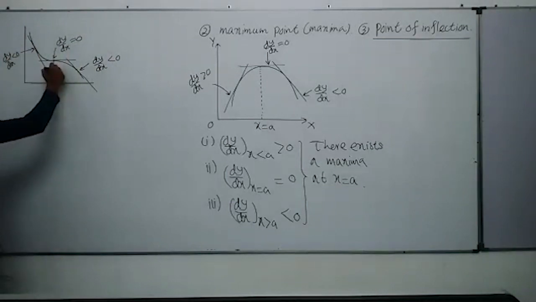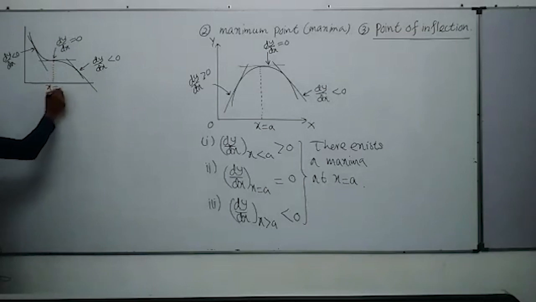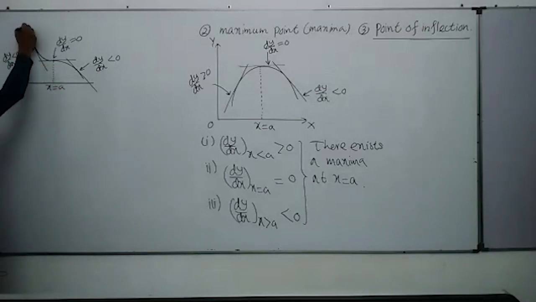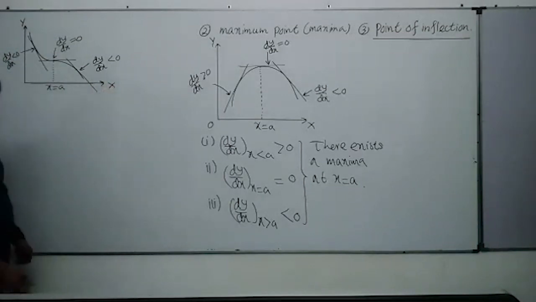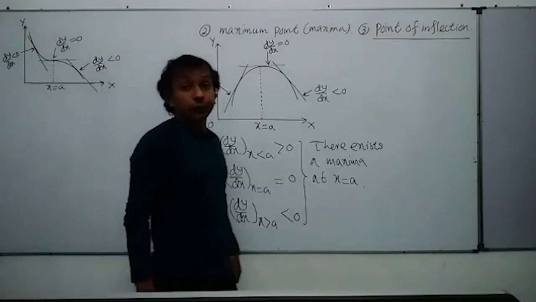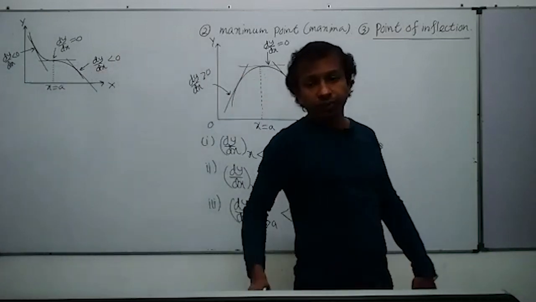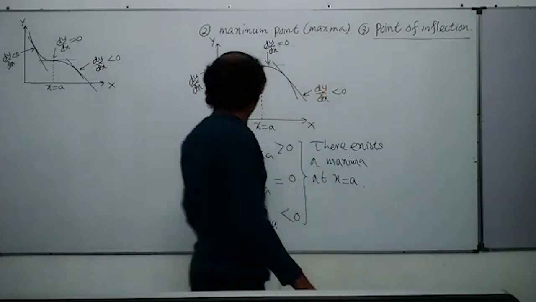Let this point be x equals a, the x coordinate of this point. On either side the same gradient, negative, then this is one kind of point of inflection, right?